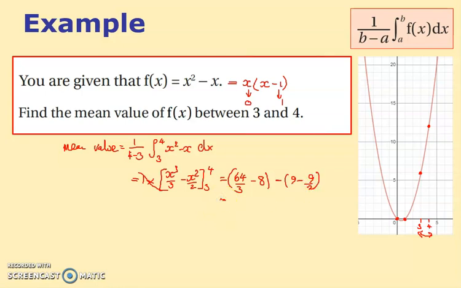I'm just going to work that in my calculator. 64 over 3, minus the 8, minus in brackets 9 minus the 9 over 2, close brackets, nearly did that wrong, equals, I've got 53 over 6.